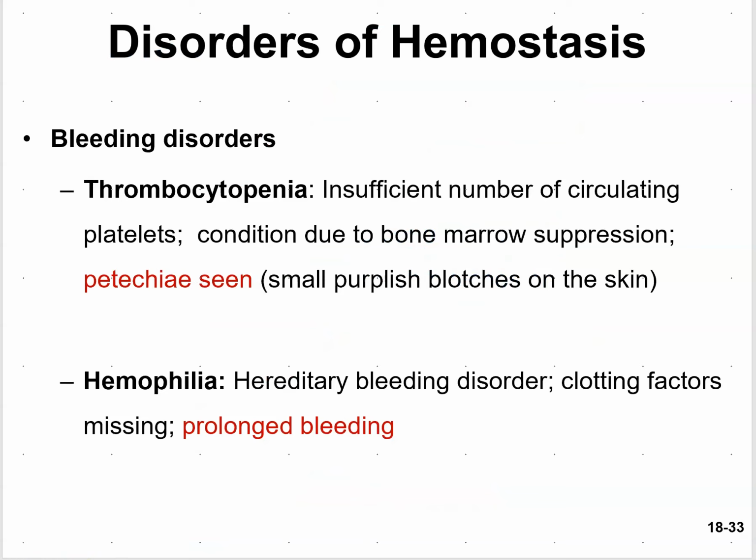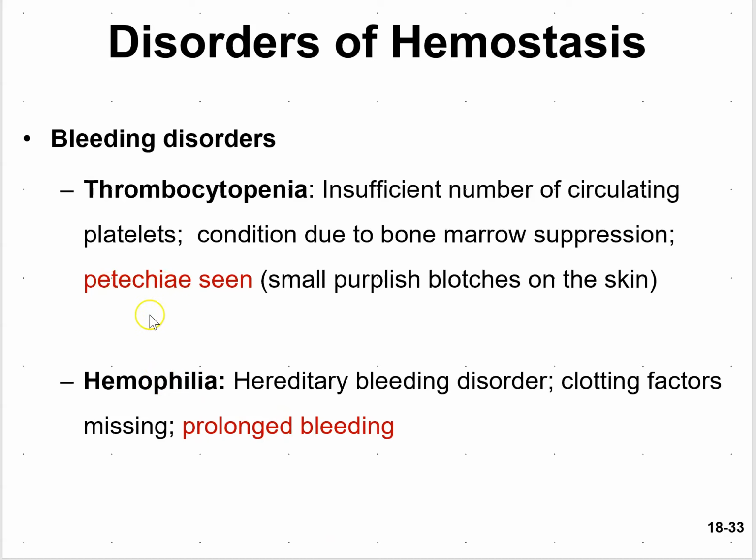Some major disorders of the platelets include thrombocytopenia. Thrombocytopenia is an insufficient number of circulating platelets due to bone marrow suppression. The diagnosis includes the formation of petechiae.